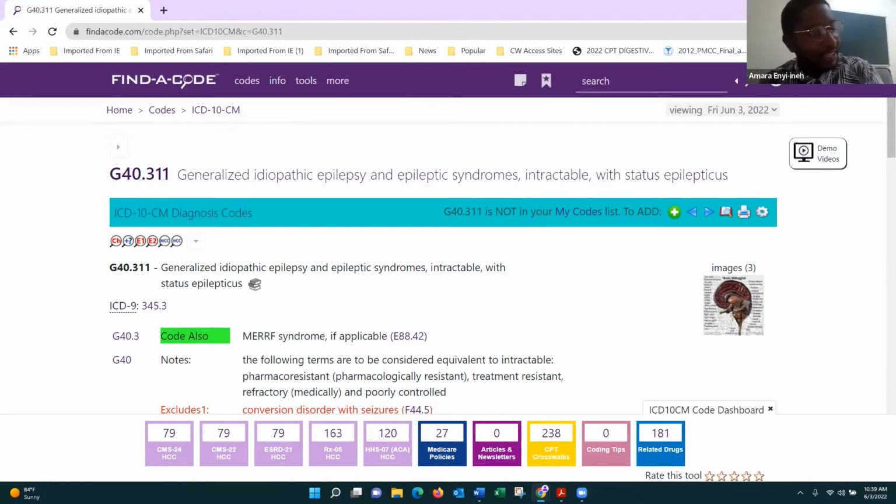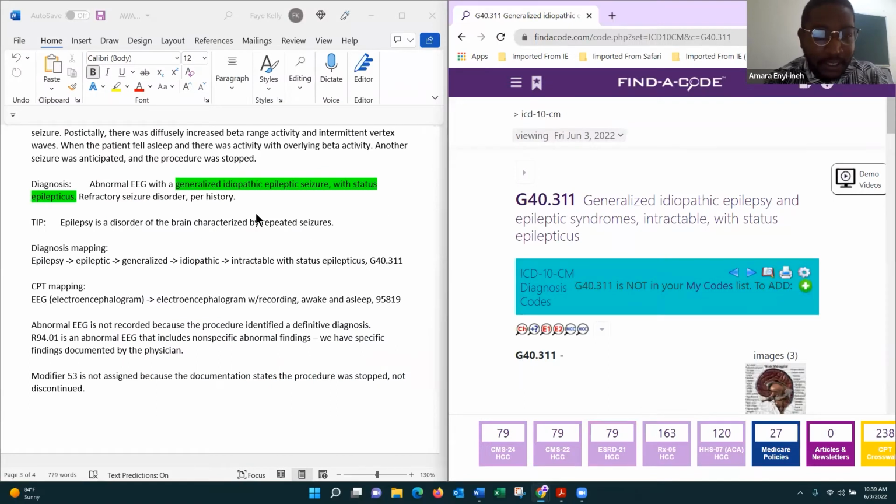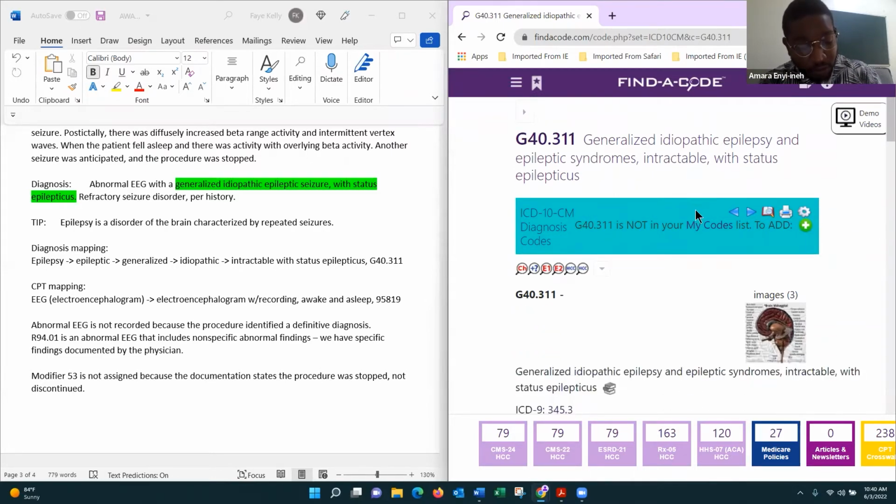Yes, I did. The only thing I went ahead to code was the refractory seizure disorder. I got F44.5, which is conversion disorder with seizures or convulsions.